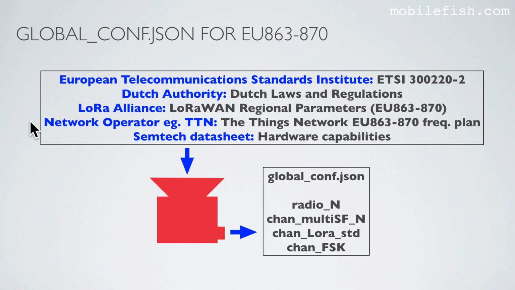The network operator, for example The Things Network, also issued their own frequencies, which comply with the previously mentioned rules and regulations. And then you have the Semtech datasheets. The chips used have specific hardware capabilities. If you take all this information into account, you will get the global_conf.json file. In this file you find the radio parameters, the channel multi-spreading factor parameter, the channel LoRa standard parameter, and the channel FSK parameter. The values set in these parameters depend on this information.